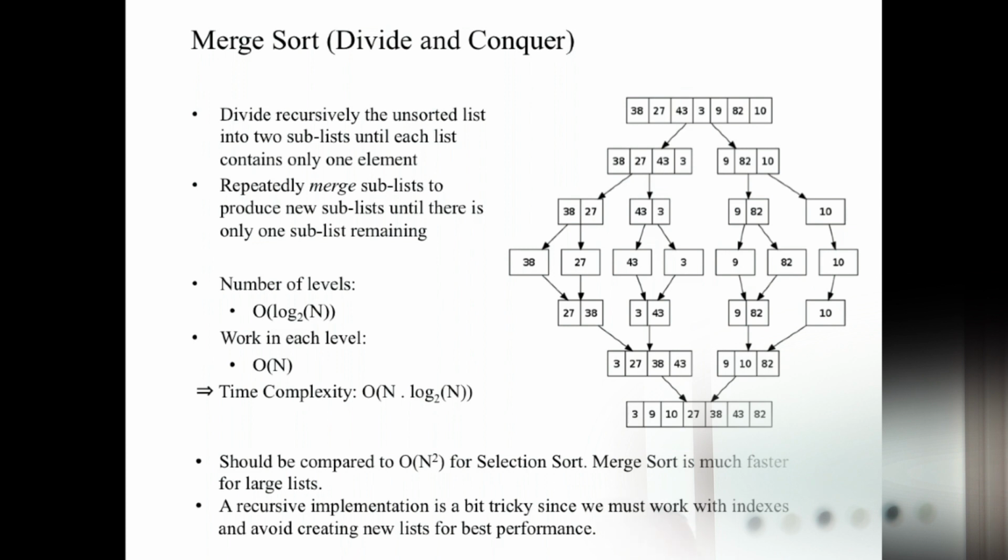But of course, you can reuse the same array if you work on the index values instead of creating a new array, as you did with the binary search algorithm. In that case you can preserve the memory. So even while being time efficient, at each step you don't need to create a new array. You can reuse the same array, but it can be tricky to keep track of indexes.